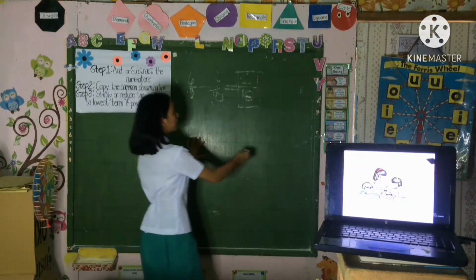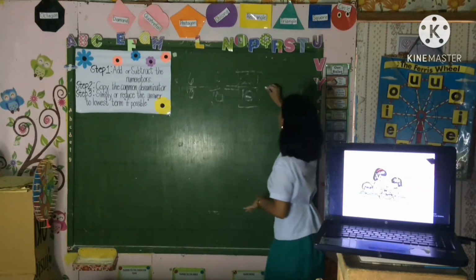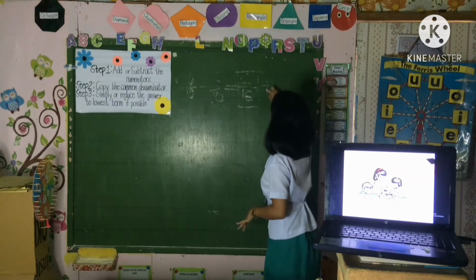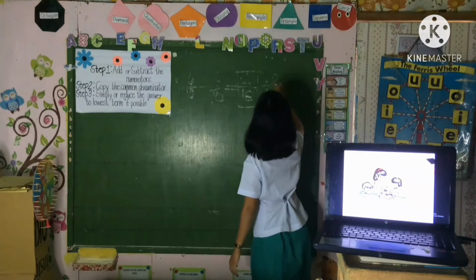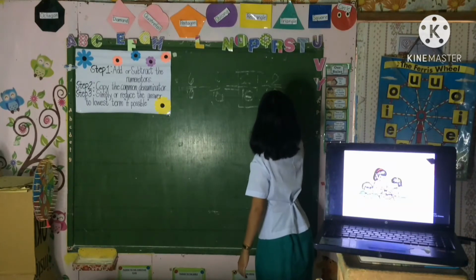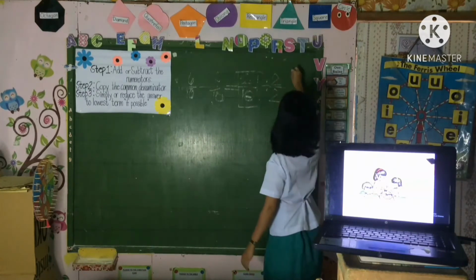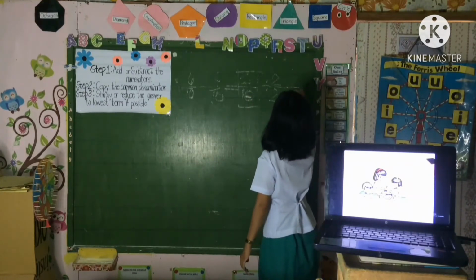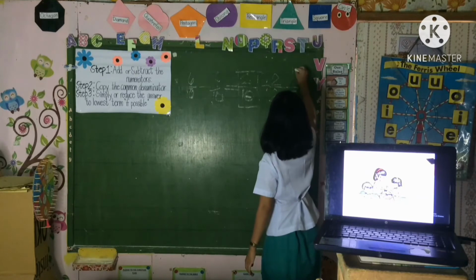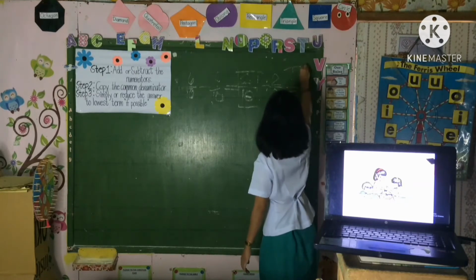No. Okay, what is the GCF of 2 and 10? Anyone? It is 2. Okay, very good. So 2 divided by 2 is equal to 1, and 10 divided by 2 is equal to 5. So therefore, our answer is 1 over 5.